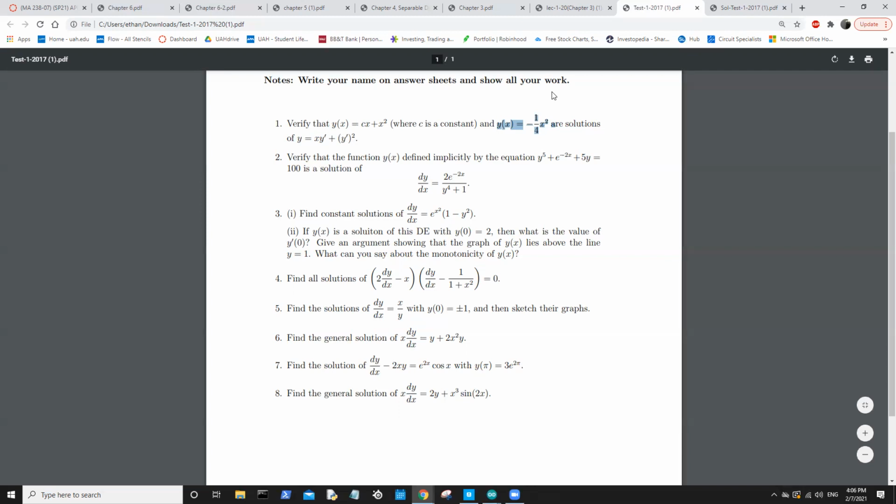So now we would have y is equal to x times -1/2 x plus -1/2 x squared. Starting to think this isn't going to be a solution. Well, we'll find out, won't we?